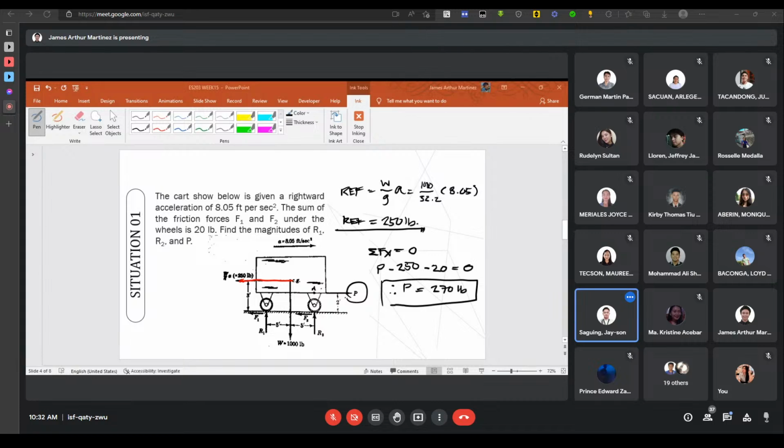Counterclockwise. Okay, very good. And how about the force in red? Is it counterclockwise or clockwise with respect to point A? Counterclockwise. Yes, sir. Okay, very good.